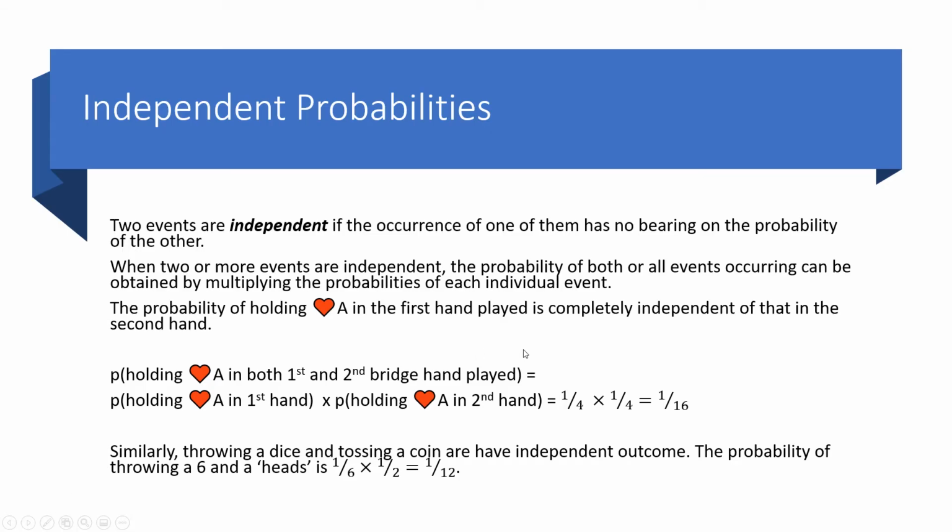Okay, now independent probabilities. That means that one event happening has no bearing on the other event happening. So 2 or more events are independent if the probability of both or all can be obtained by multiplying the probabilities of each individual event.